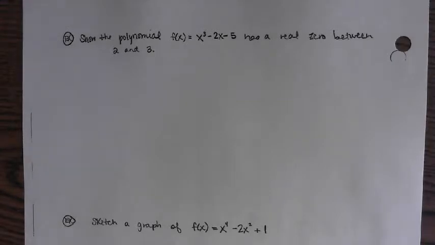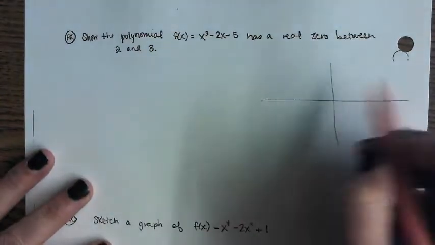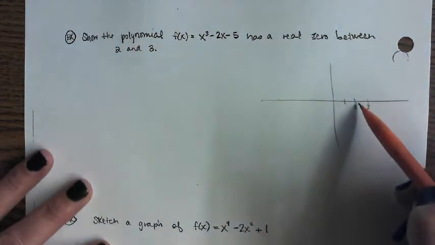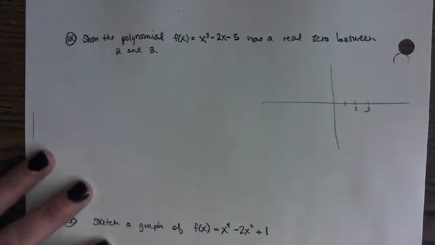Show that this polynomial has a 0 between 2 and 3. How would you go about doing this? We have no calculator. We want to show somehow that between 2 and 3, this graph crosses, whether it goes this way or this way, I'm not sure.